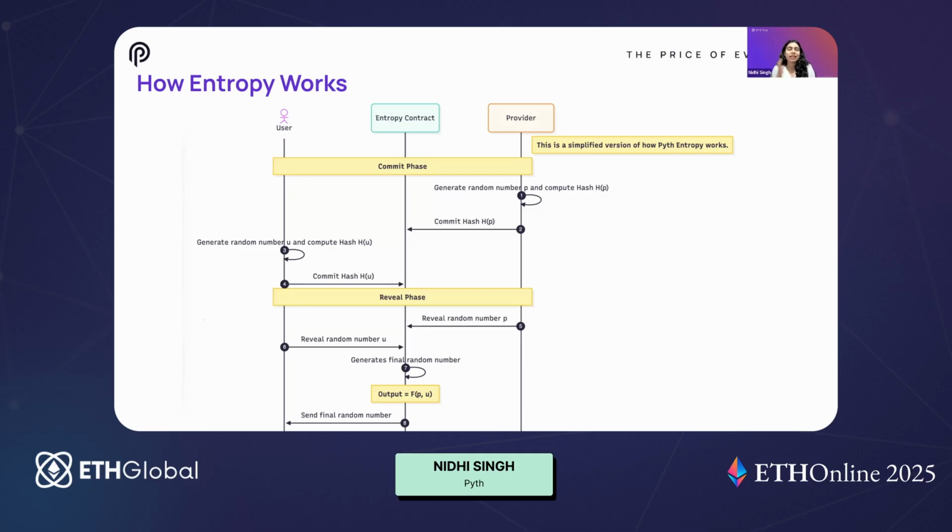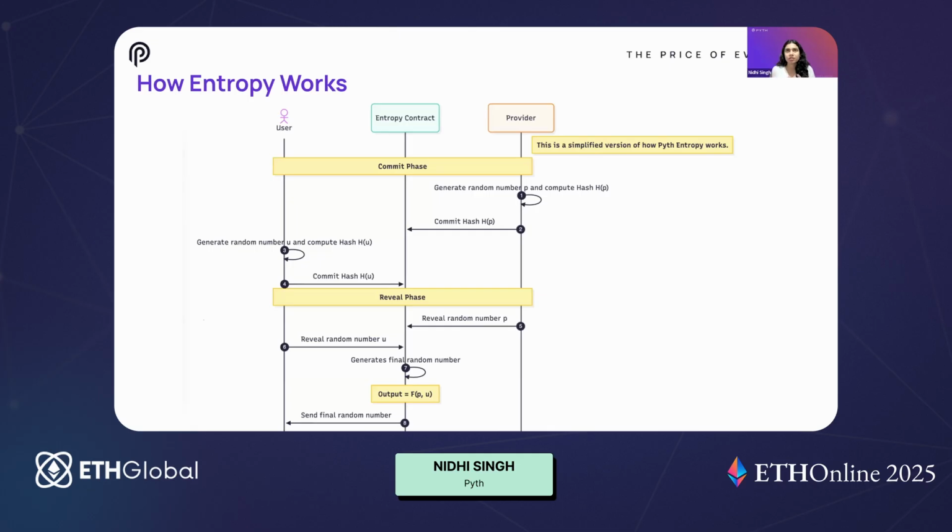If you are a smart contract developer, you might have used randomness in a smart contract. There is one other way to do it, which is through verifiable random functions called VRFs. But Pyth uses a different approach altogether, which is called entropy. And I'll walk you through how entropy works at a high level.